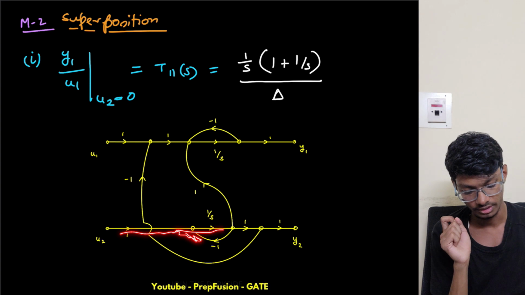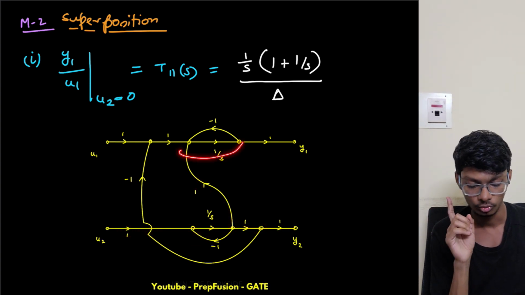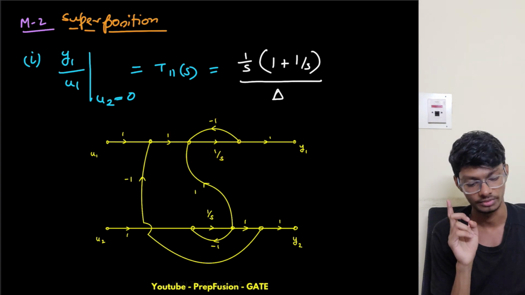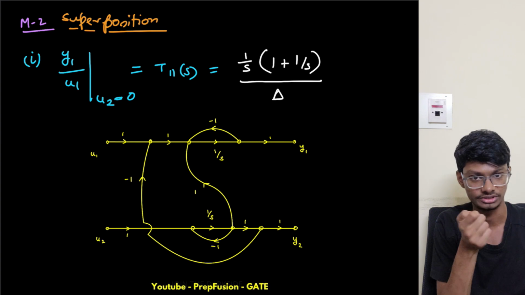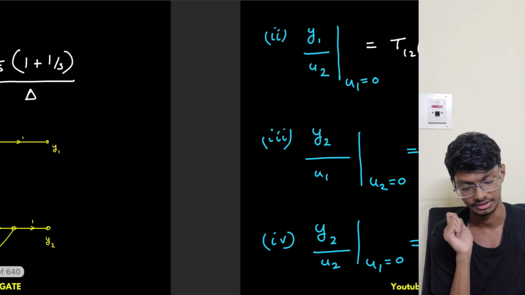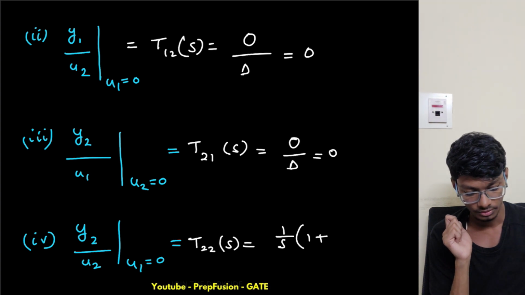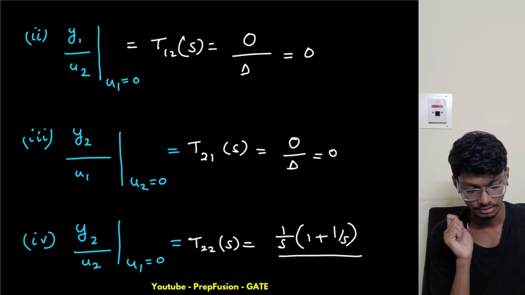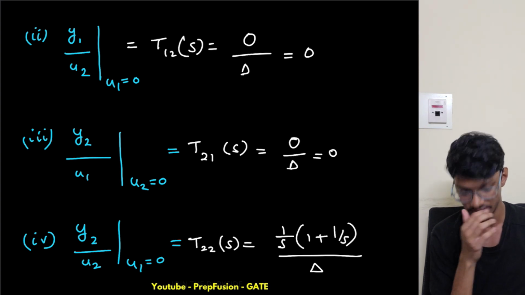No, this is against the flow and this is going in some other direction. So I have only one forward path, and a loop gain is also there. This is an isolated loop, so it will be 1 minus of minus 1 by s, which is 1 plus 1 by s, and the forward path is 1 by s. So this is 1 by s and 1 plus 1 by s by delta. So this is basically my transfer function matrix.